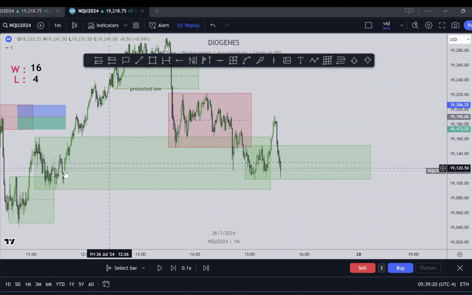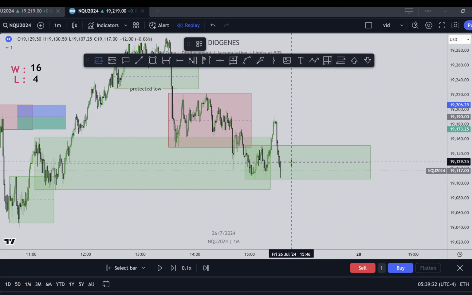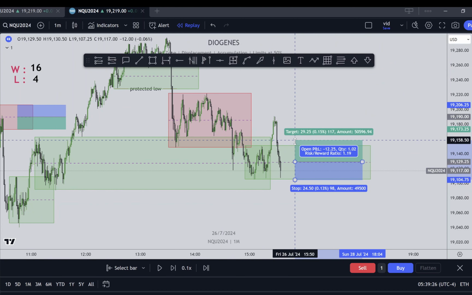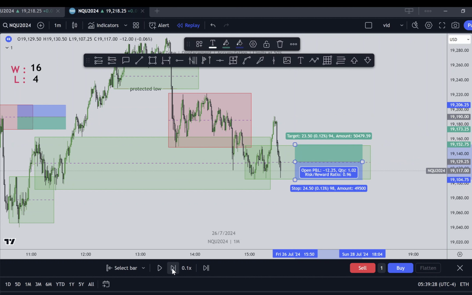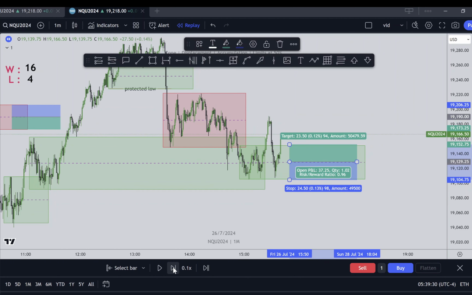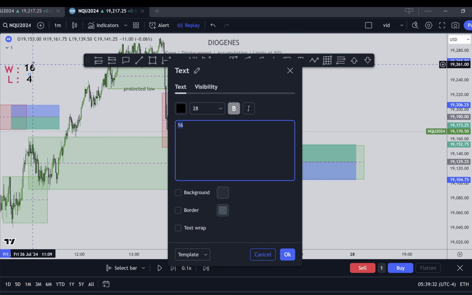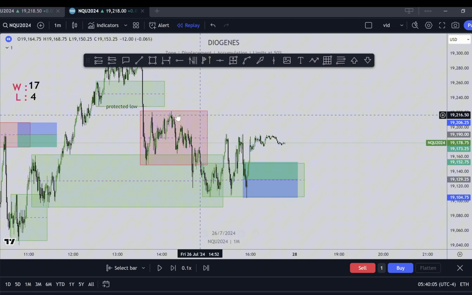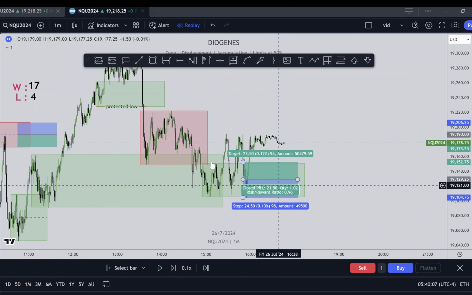Am I gonna take it? Absolutely. Again, let's see what happens. That's maybe a stop loss. No, that's another win. Let's go. 17. Oh, sorry, that's already 4 p.m. New York, so I will stop somewhere here.